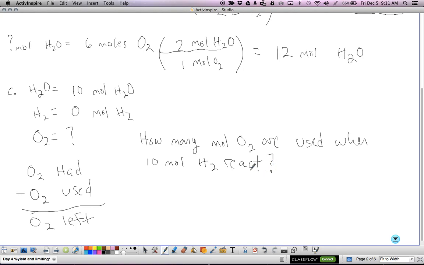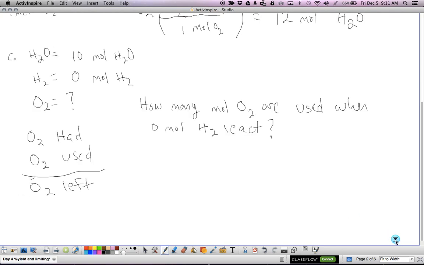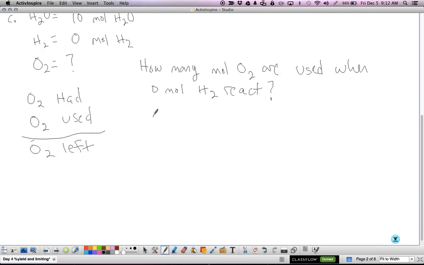Now, I write it like this, and immediately you see that this is a dimensional analysis problem. Okay? So, right underneath that, I'm just going to set up my dimensional analysis. Question mark moles O2 equals 10 moles H2.